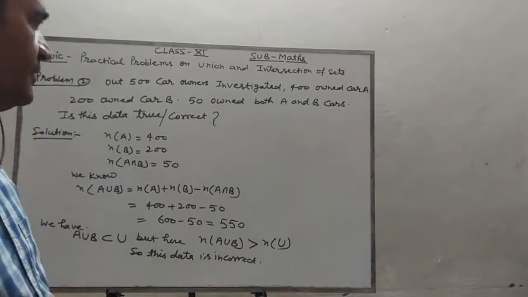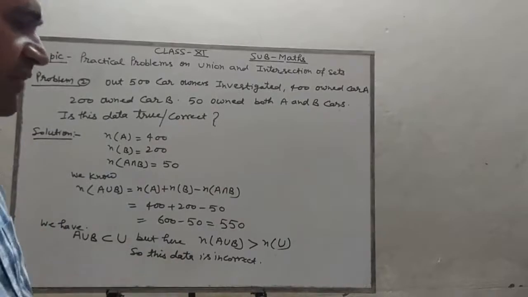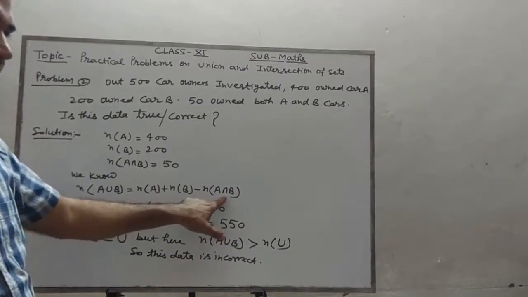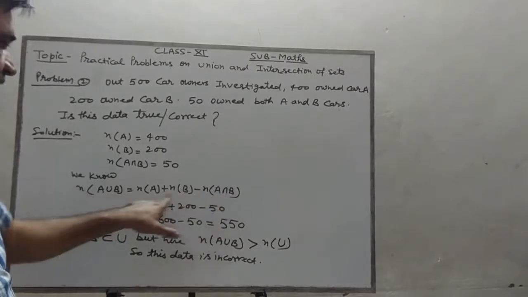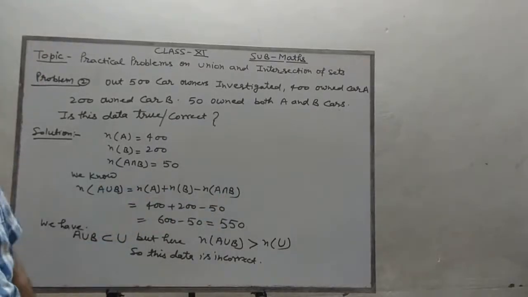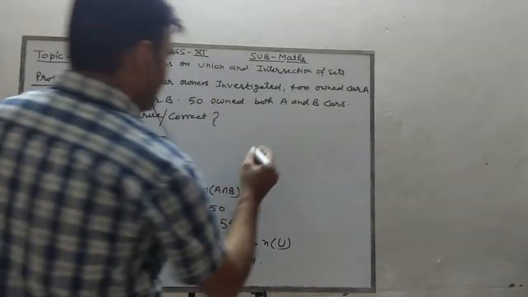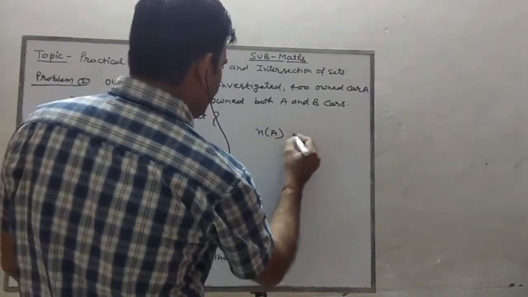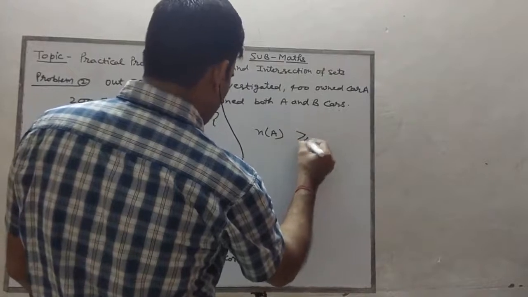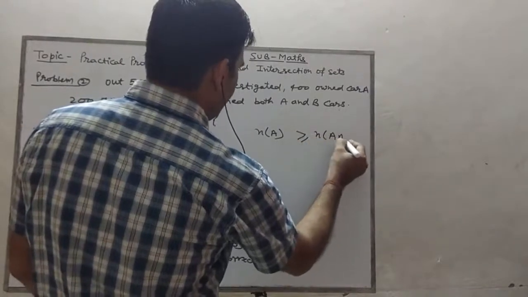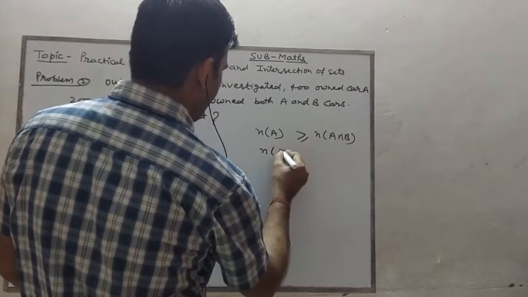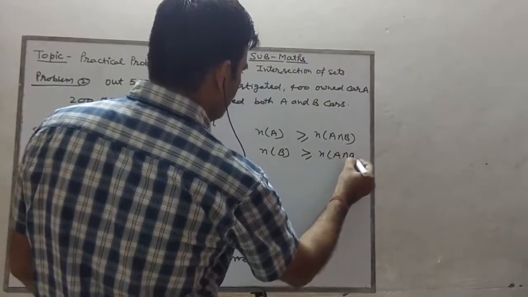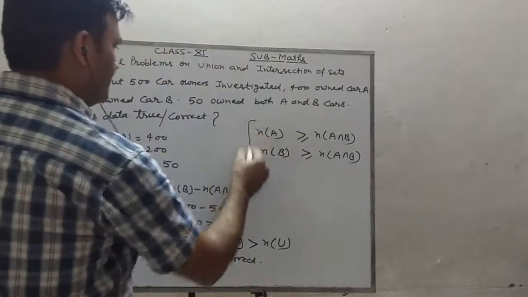Second thing, whenever we are finding the intersection, then the number of intersection cannot be greater than the number of elements of any of the sets. These two things you have to keep in your mind.